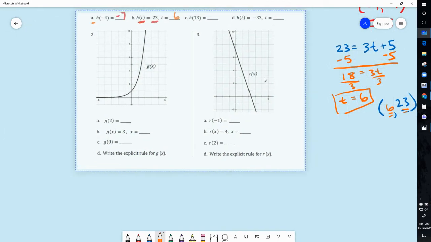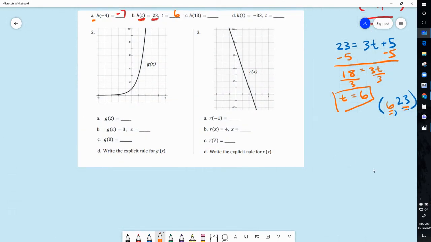All right, moving along. Let's look at these two graphs. I'm going to give you an example, but I'm not going to do the exact question. So if instead of saying g of 2 here, my example problem says g of 1. This is saying I have this ordered pair, the x value is 1, and we don't know the y value.